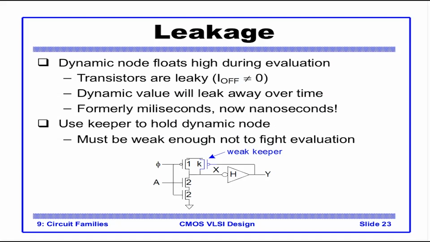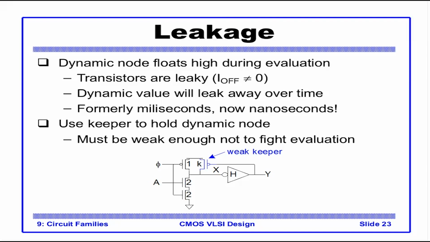That means it is not driven by VDD. So over time, it will lose its value. The transistors are leaking. The off current is not exactly 0. So during a long evaluate time, let's say the node stays at 1, it will start degrading from VDD. It will leak over time. This time was formerly milliseconds, now nanoseconds. It will go off in nanoseconds. It won't retain the value.